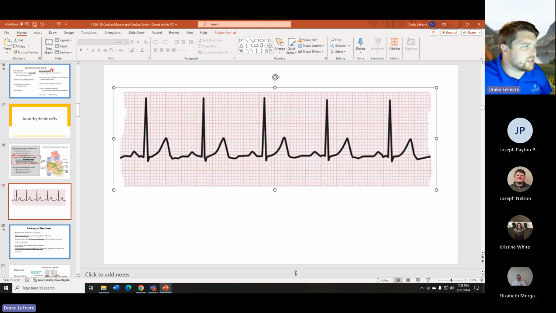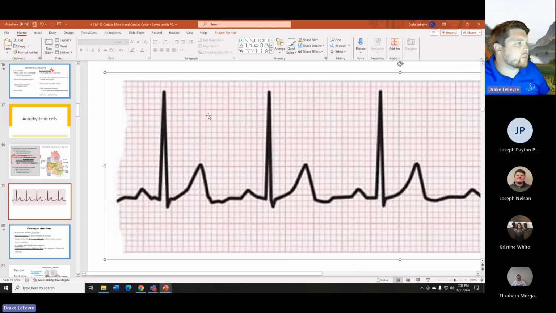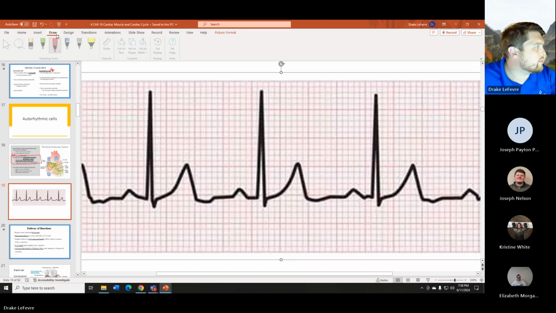They mean a couple of different things. They mean time, and also the amount of millivolts. So if you look at it, you have a bunch of these small little boxes, and there are slightly thicker lines that make big boxes. Can everybody see that?